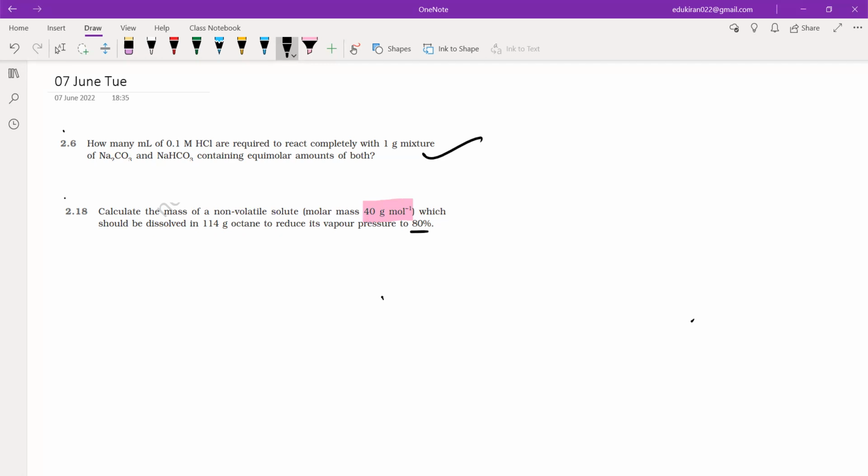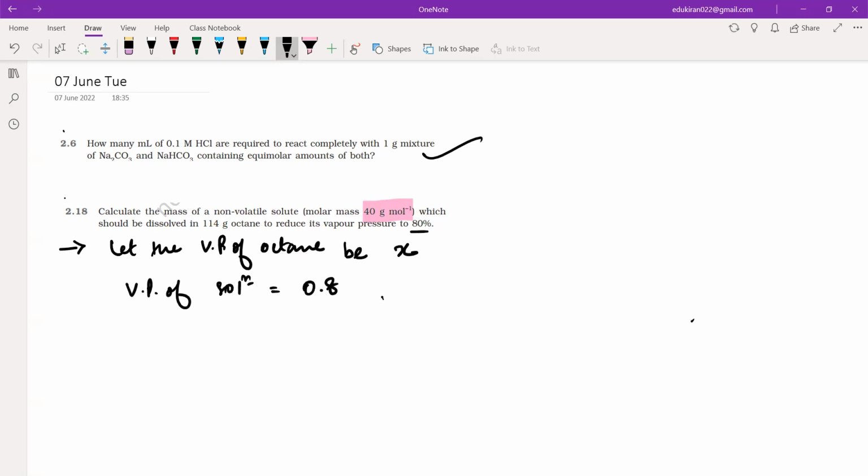Now, the most important point here, what you will use is, first of all, let us suppose the vapor pressure of octane be x. Okay, fine. Yes or no? Yes. Then vapor pressure of solution will be 0.8x.